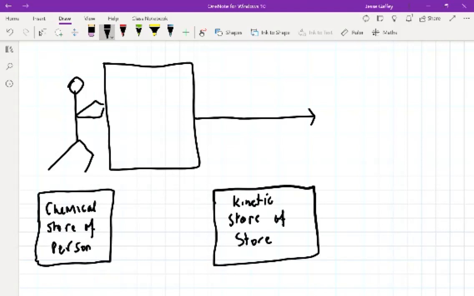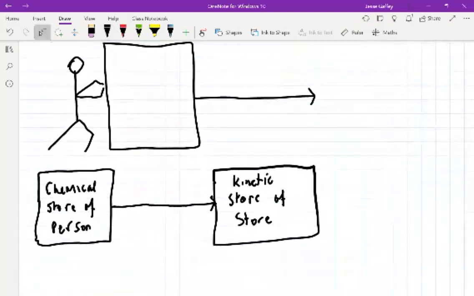People have energy in a chemical store from the food that they eat, specifically from a substance called glucose in carbohydrates like potatoes and pasta, cereals and things like that. Glucose acts as our chemical store. And when we start to move our muscles and make our body do things, energy is transferring from our chemical store to an object that we're trying to move, like the kinetic store of the box.